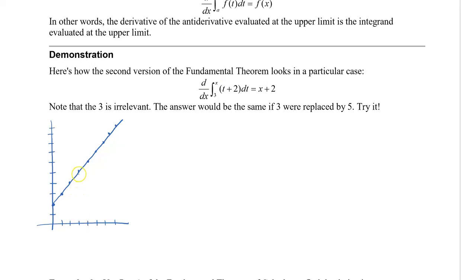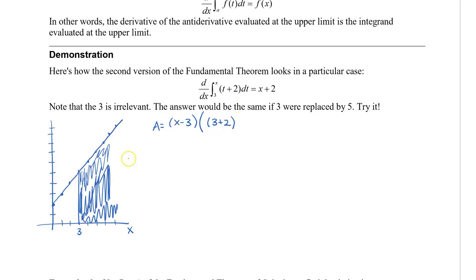So 3 would be right here, and to x, we don't know where x ends, so we're just going to say that it's this whole area like this. I'm going to color all of that in. To find the area of what I've shaded in blue, the base is going to be x minus 3, since we don't know where this ends. And then the height from here to here is going to be 3 plus 2, because that's what t plus 2 is.